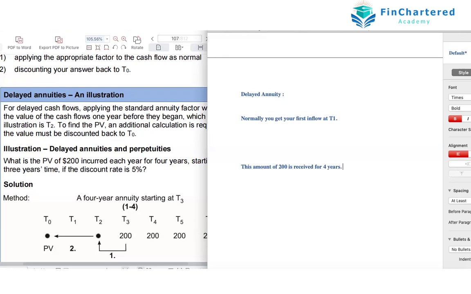So normally what will you do? Normally you will say time 0 is now, at time 1 you are receiving the first amount, at time 2 the second amount, at time 3 the third amount, and at time 4 the fourth amount. This is what you will normally do.